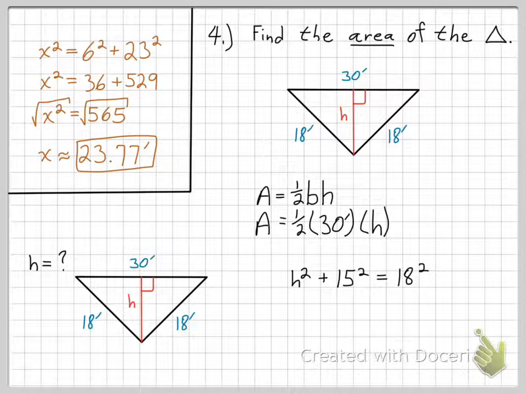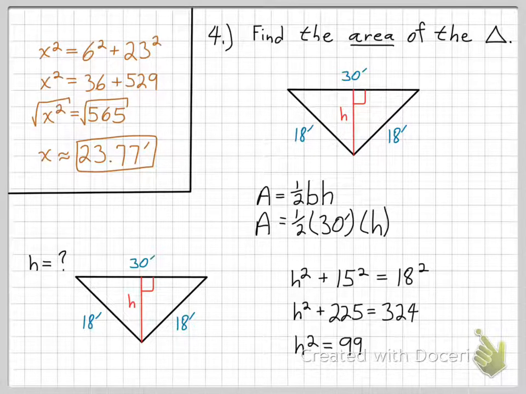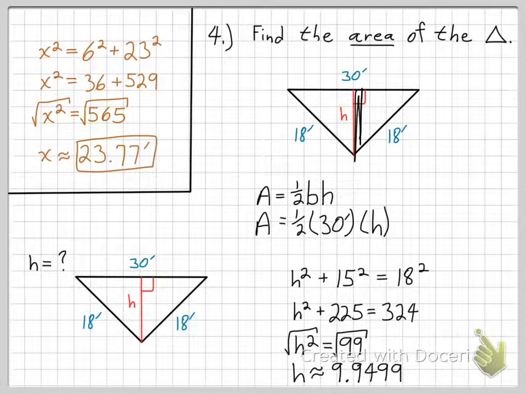Okay, so moving right along, h squared plus 225 equals 324. So h squared equals 99. Take the square root of both sides, and you get that h is equal to 9.9499. So now I know my height. Remember what I always tell you, you can write this number down just like I did on this presentation, 9.9499, but don't change it in your calculator.